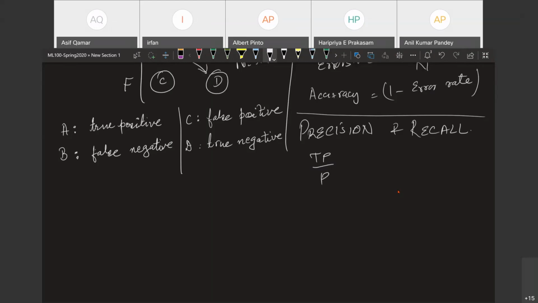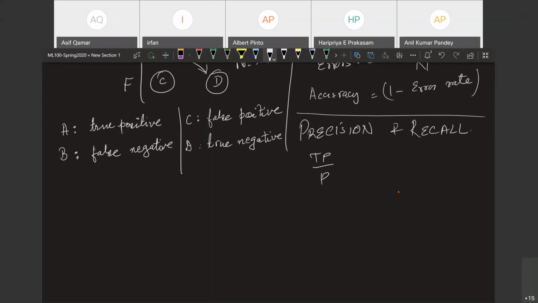By the way, guys, if you do have your textbook, go over to page 148 and 149, and you will see that these things are explained there. Then the recall.